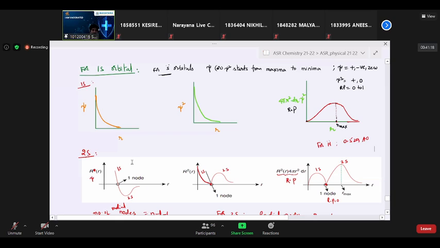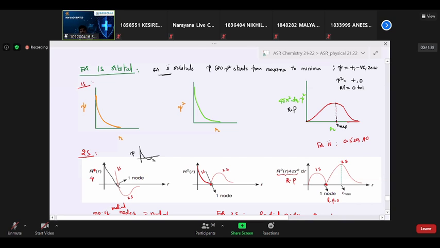Actually this is the graph they give, but the actual graph appears likewise. So this is the graph appearance. The 2s graph appearance I am giving again, carefully. This is the graph for 2s, psi versus distance.